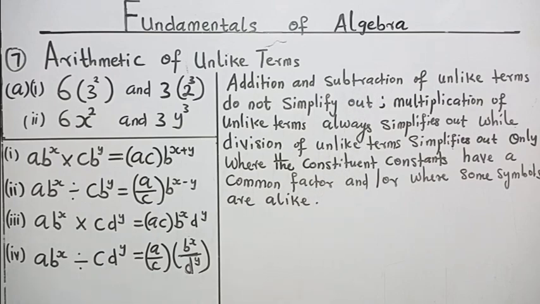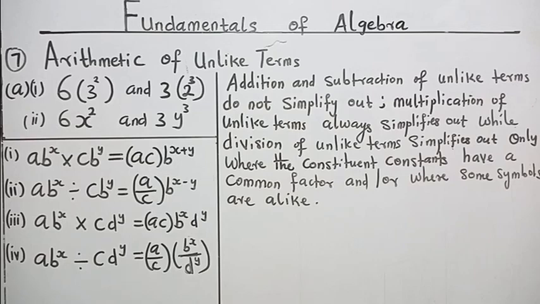So each time you add two numbers and they are unlike terms, please don't expect a simple answer. Each time you subtract and the numbers taking part in subtraction are unlike terms, please don't expect a simple answer. This first part of the statement is one of the most important points that I made in this body of statement.